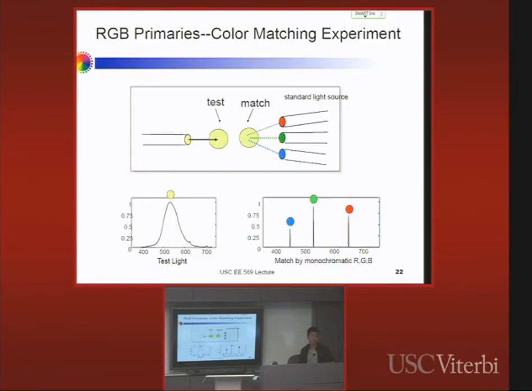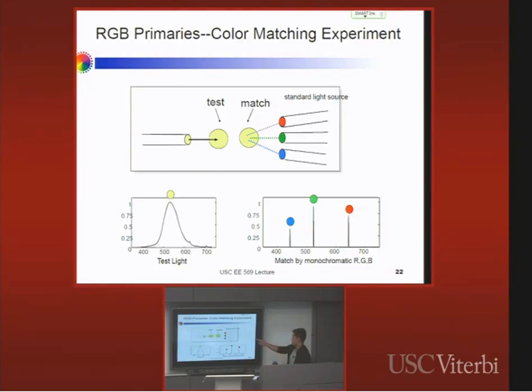Basically, this is an experiment where you see a particular color and you use three different types of lights, RGB, to try to match it. You don't know the weights of RGB, but you play with the weights and try to match the object color with the combination that you come up with.